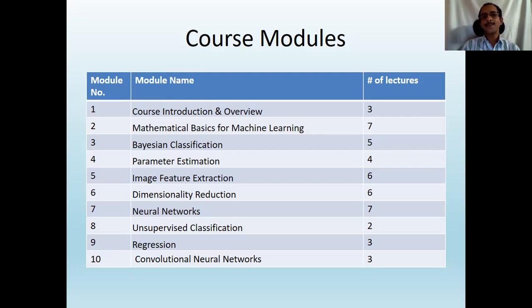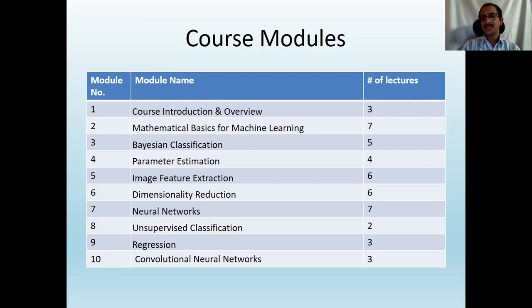Subsequently, we'll be discussing some details of unsupervised classification, which will help in grouping different samples in an unsupervised manner, and the applications of that in image processing, such as image segmentation, will also be discussed.